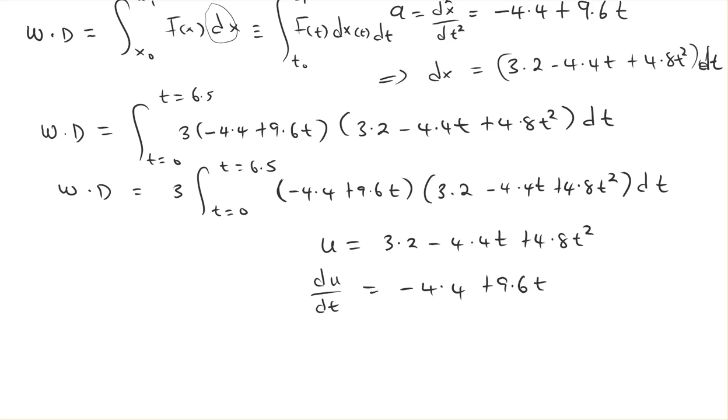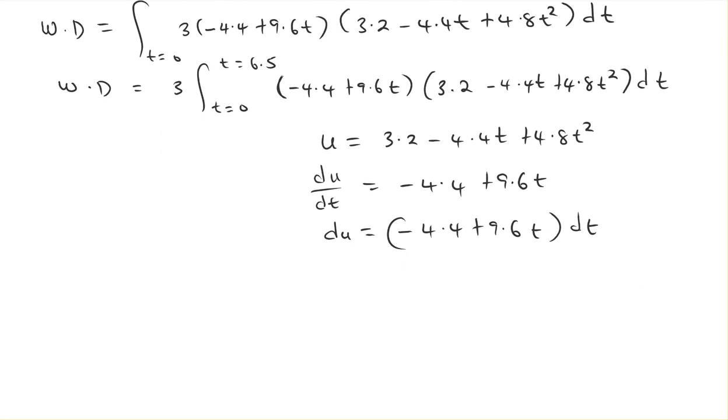When that happens, you can use u substitution. So I can simplify by finding du. du will be negative 4.4 plus 9.6t times dt.